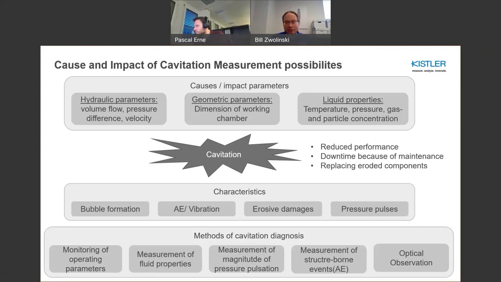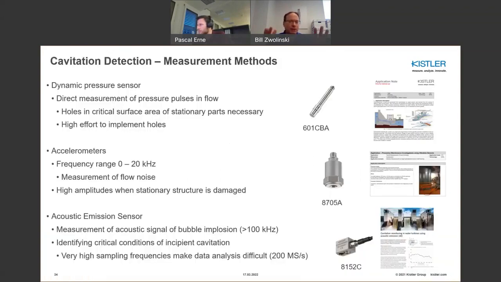So there are some options in terms of how you want to explore. Using both is not uncommon. Using a vibration sensor, a pressure sensor, and an acoustic emission sensor might all be used at various stages of the event. So there are several options, and certainly when it comes to pressure, acceleration, and acoustic emission, like I said, there are a lot of choices.